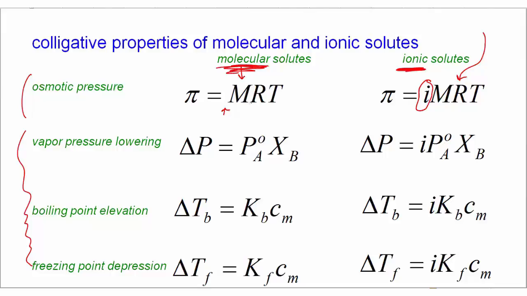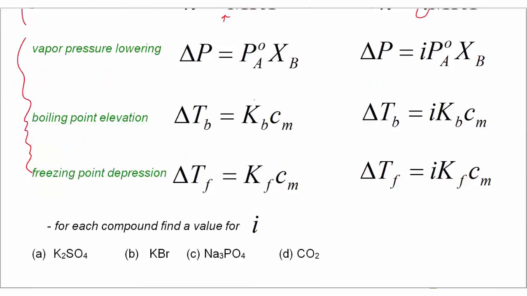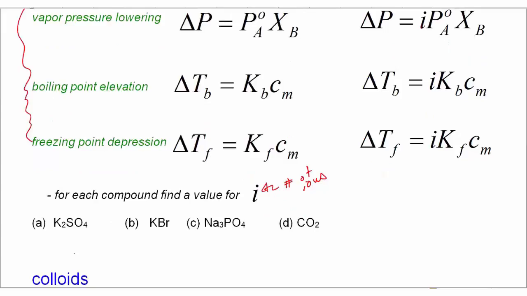So how do you get this little i? Let's play with a few of these. The little i is just the number of ions that the solute will break up into. So for example, let's say the solute was potassium sulfate. How many ions does potassium sulfate break up into?